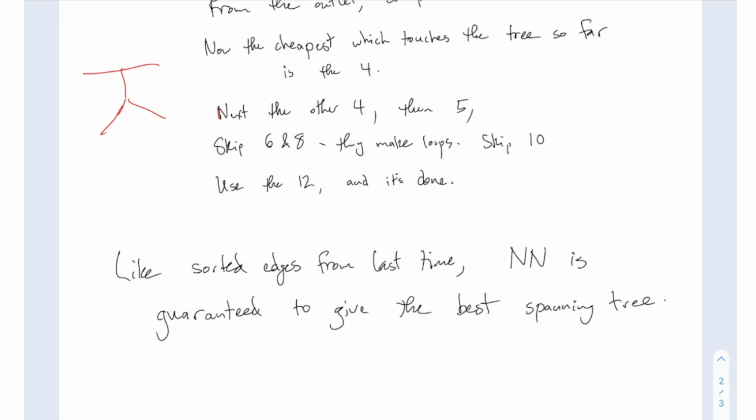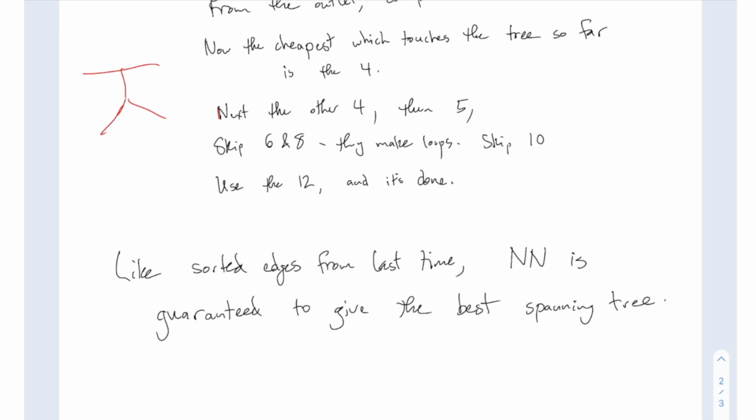This is much better than the nearest neighbor and sorted edges for Hamilton circuits, which do not always give you the best answer. The best answer is super hard to find in a Hamilton circuit. But for the minimum spanning tree, they both actually are guaranteed to give you the best answer.